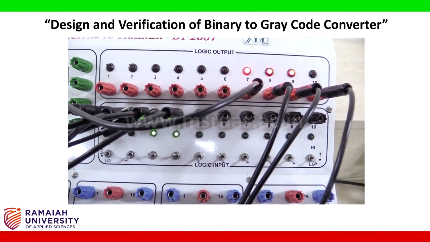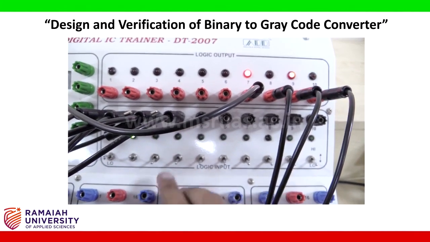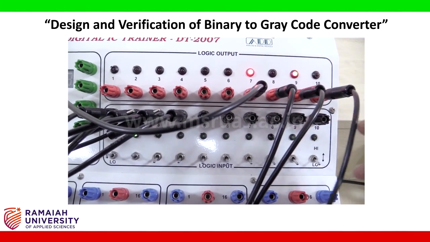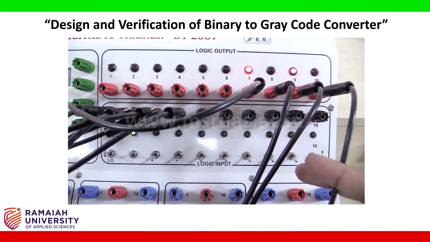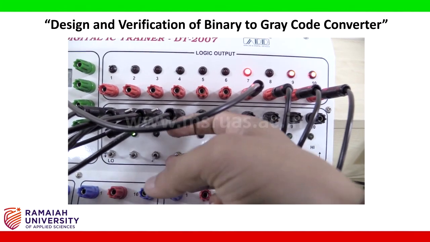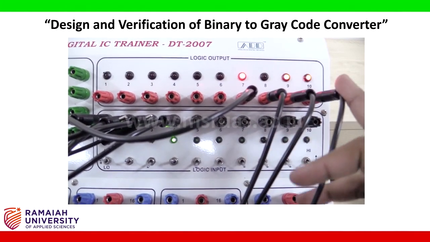The next combination is 1 1 0 0, and you can see the outputs are 1 0 1 0. The next combination will be 1 1 0 1, and the output will be 1 0 1 1.